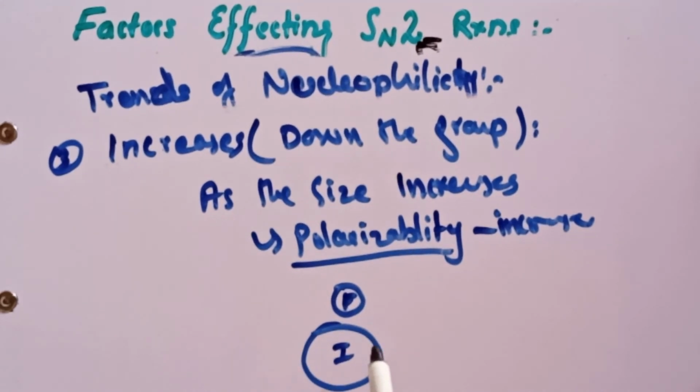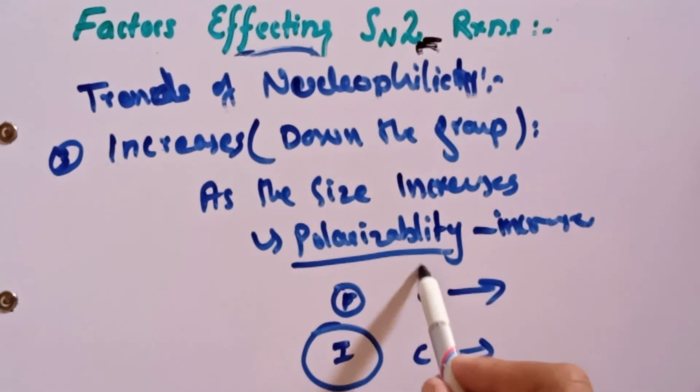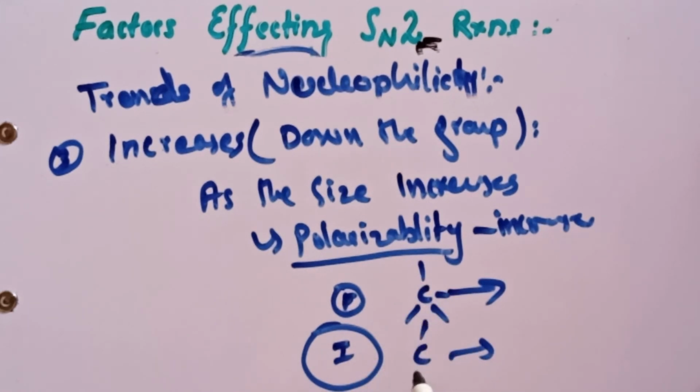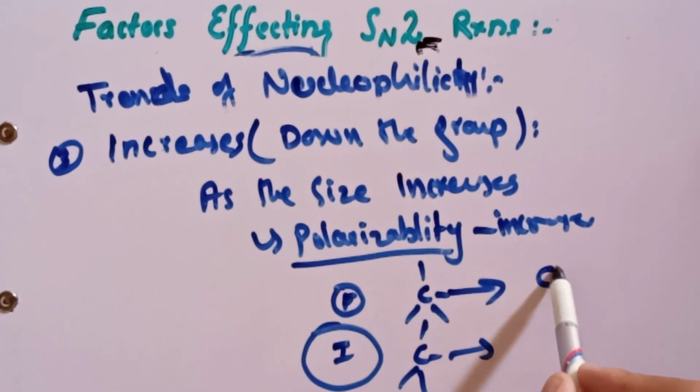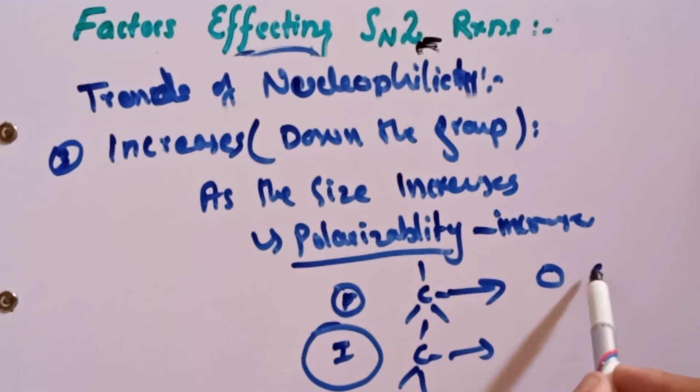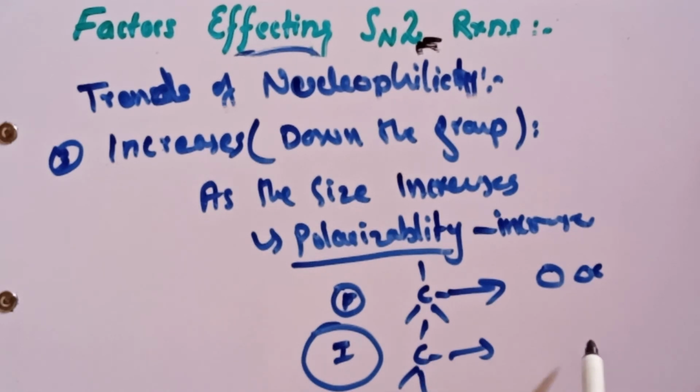So polarizability means the size of iodine is greater than fluorine. Let's suppose this is the carbon atom, and in both cases the situation will be like that. The fluorine will be polarized like that, with the carbon orbital.